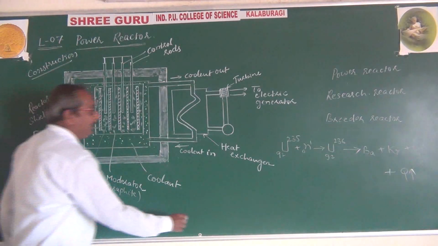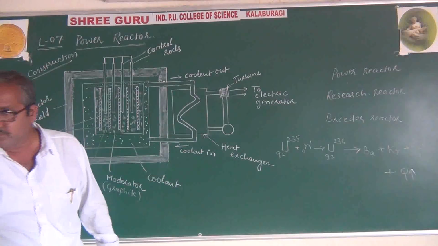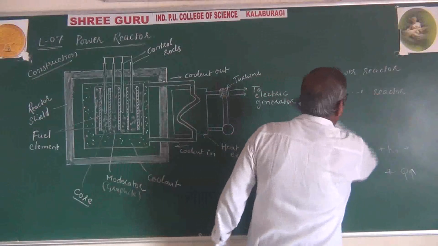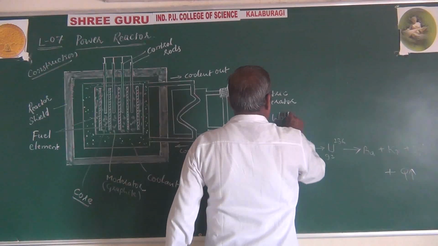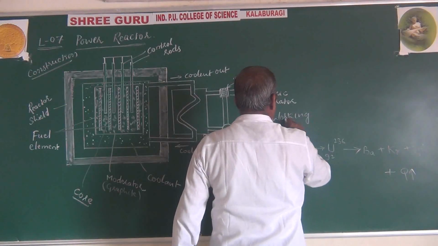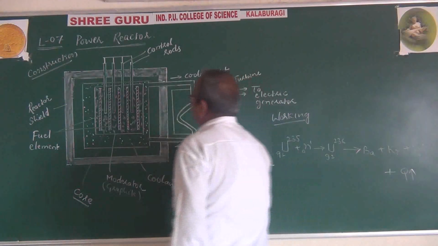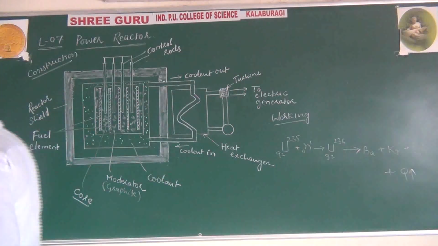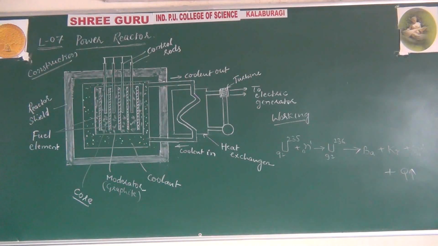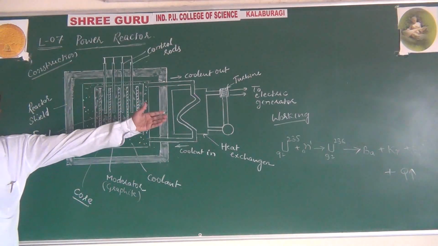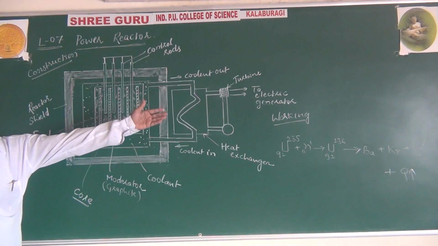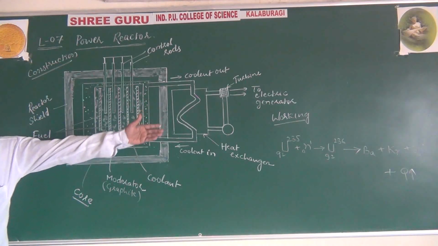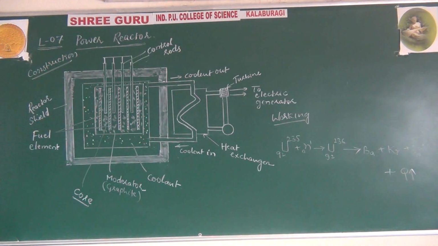Here is the working of the power reactor. Whenever the thermal neutrons are raised up, the reaction starts to take place, during which the uranium splits up into two light nuclei of comparable masses, releasing 3 neutrons along with an enormous amount of energy.